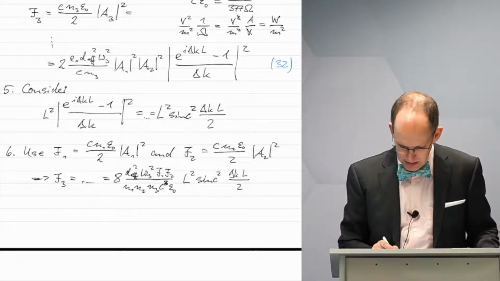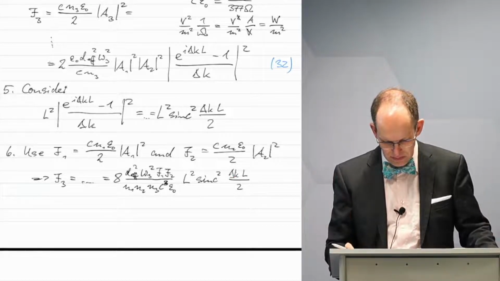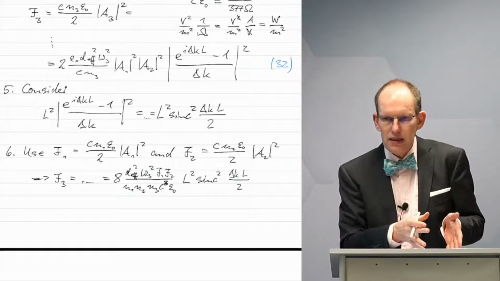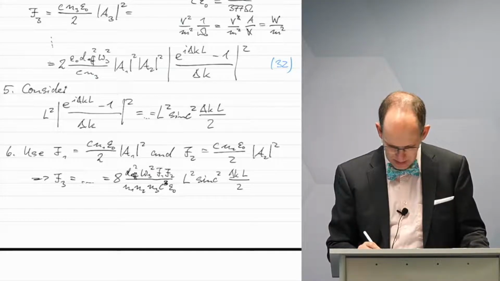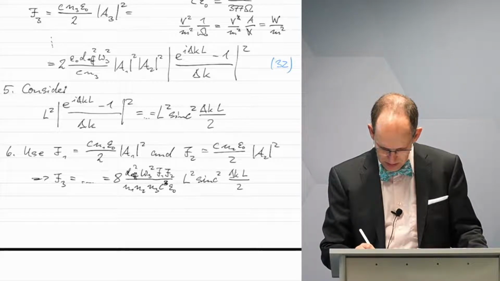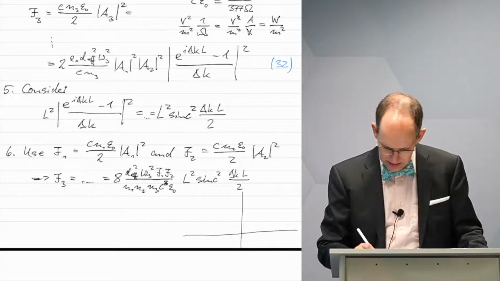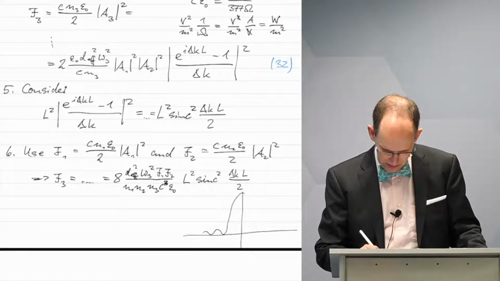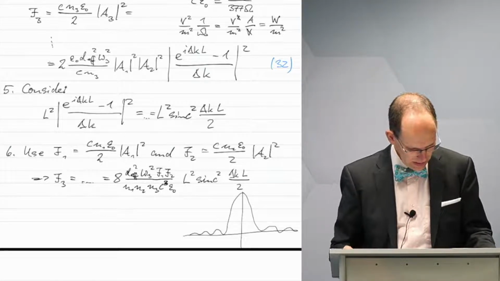But now if we don't have good phase matching, then after a certain length of the crystal, the intensity will go down again, and it behaves like a sinc function. I brought with me a plot, but it doesn't work, unfortunately. If we plot this sinc function squared, it looks something like this.